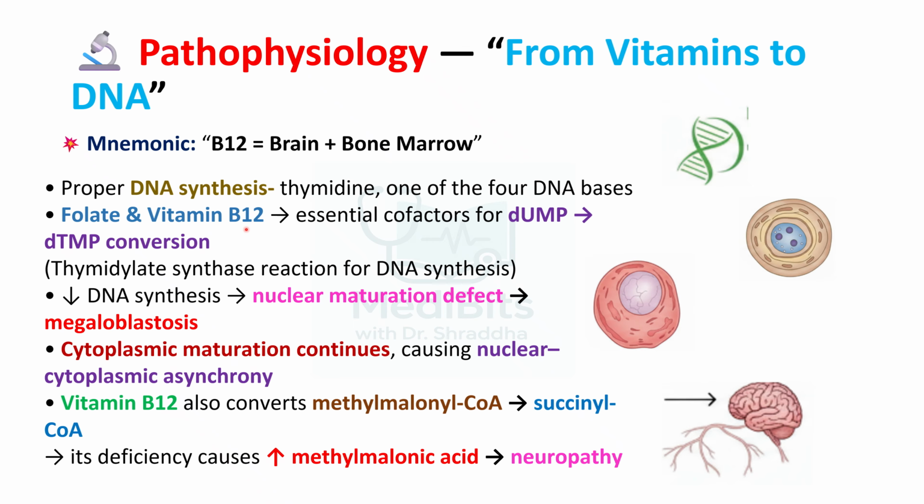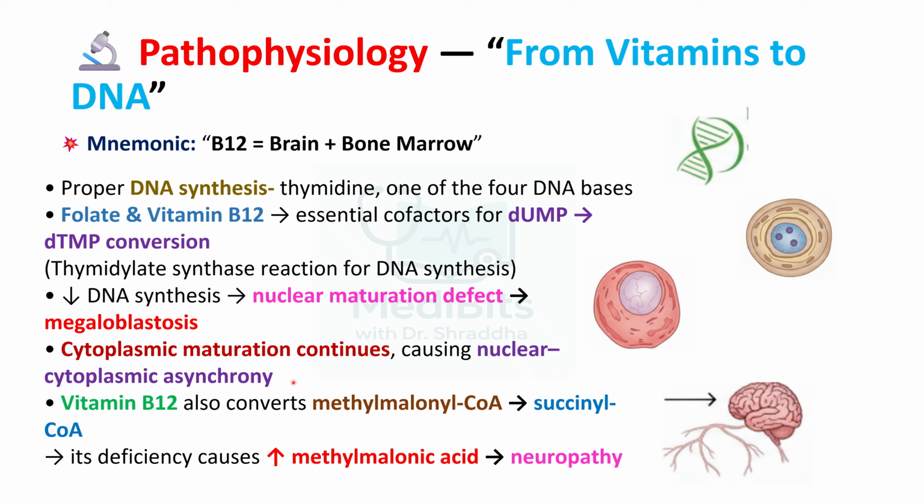When either folate or B12 is deficient, this conversion slows down. That means DNA replication gets stuck midway, especially in rapidly dividing cells like bone marrow precursors. So what happens? The nucleus stays immature while the cytoplasm continues to grow normally. This mismatch between nuclear and cytoplasmic maturation gives rise to large megaloblastic cells we see on blood smears.